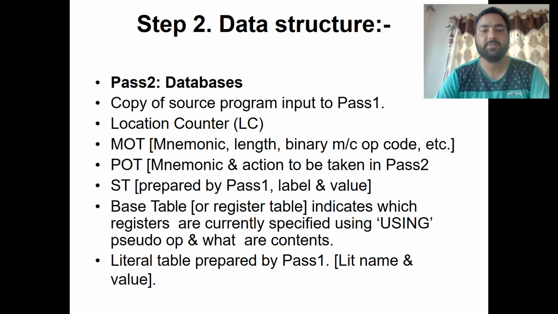Then base table, which indicates the registers used in the program, which registers are currently specified using pseudo opcode and what are their contents. Literal table is prepared by pass 1 and it is used in pass 2.